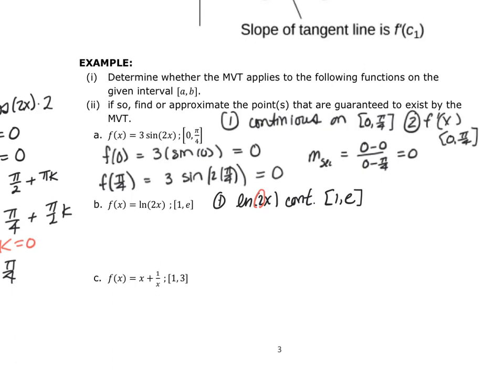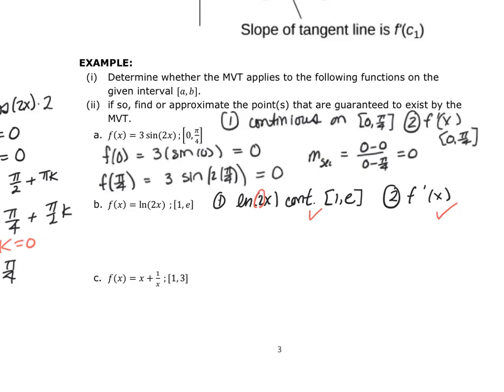So it's definitely going to be continuous on the interval from 1 to e. So that is satisfied. The second thing I have to check is whether the derivative exists on that interval. Since my function is continuous and a smooth curve, with no kinks anywhere, the derivative also exists on that interval from 1 to e.